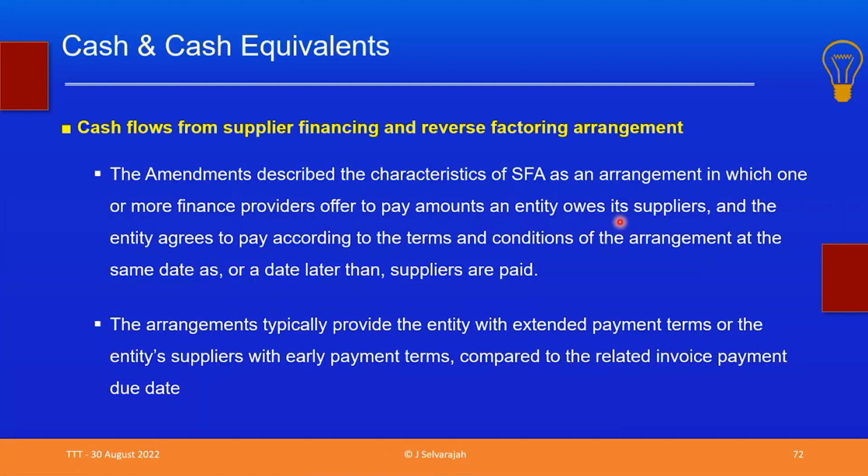So finance people say, okay, I pay the supplier, don't worry, you pay me. And the entity agrees to pay according to the terms and conditions of the arrangement on the same date or at a date later than the supplier. So it's like this. My payment to my supplier, this is not receivable, this is paying. So paying will be reverse factoring. Receivable is factoring. Payable is reverse. So I've got to pay in 60 days' time. All right.